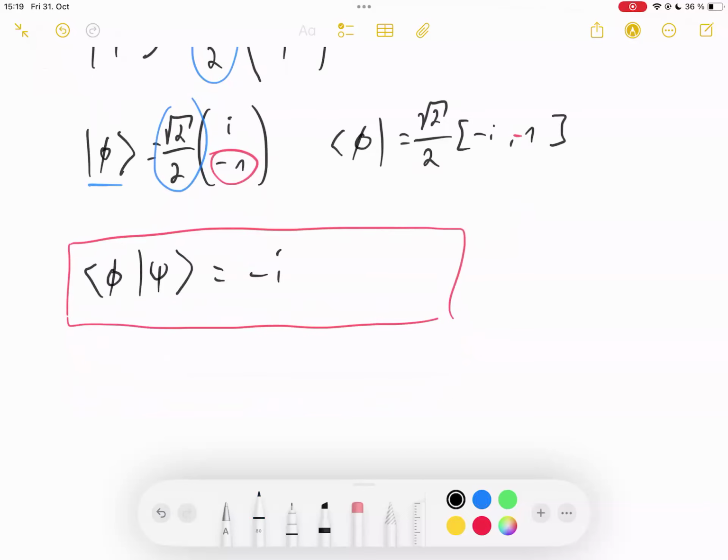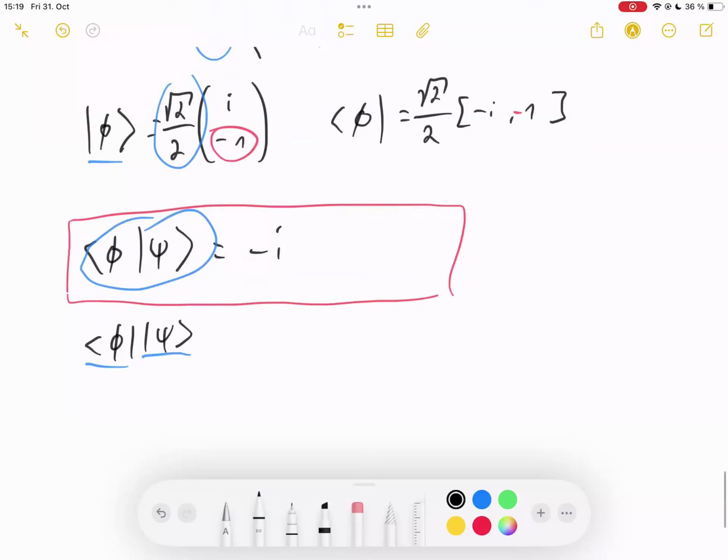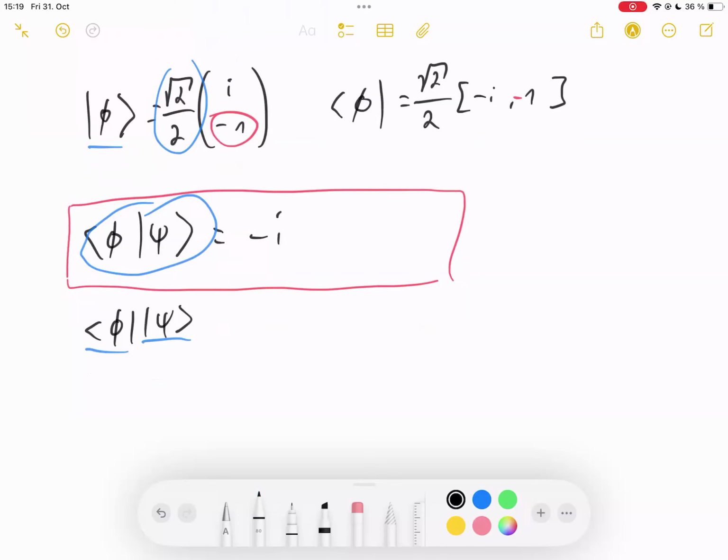And remember, for these transition amplitudes, you can have this bracket either written like this or like this, where we actually highlight more the ket and the bra, so we only have one bar. Or what we are calculating is just the inner product, and the inner product is sometimes written like this, with the phi, comma psi.